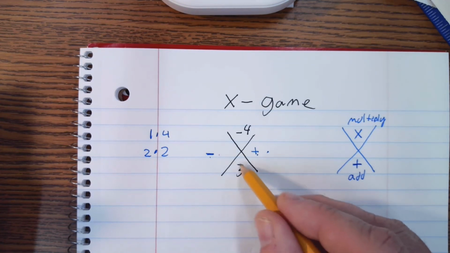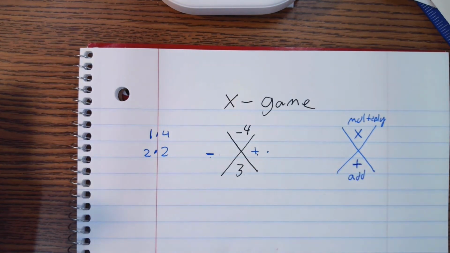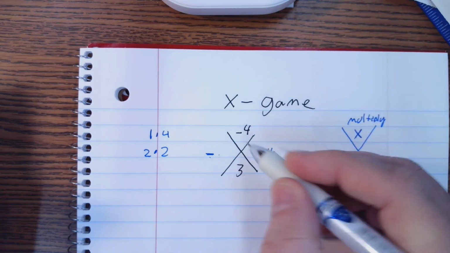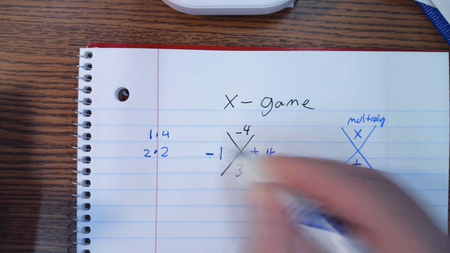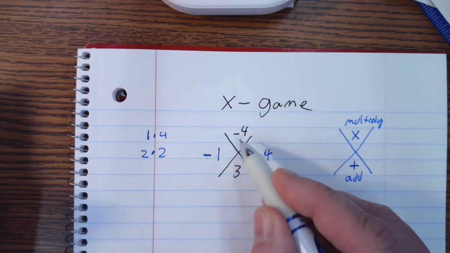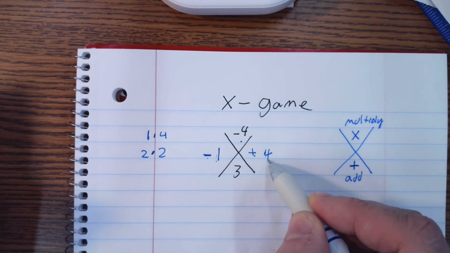It's a +3, right? So probably the positive is going to be the bigger number. So let's see if this works out. Let's put a 4 there. Let's put a 1 here. Does that work? -1 times 4 is -4. -1 plus 4 is +3.